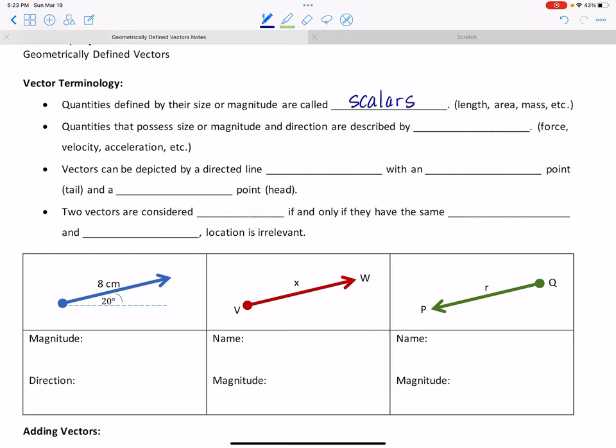But if we want to also give that magnitude or size a direction, then a quantity that possesses magnitude and direction is going to be described by vectors. So we're going to be using vectors, again, to describe a quantity that has a size or a measurement and a direction.